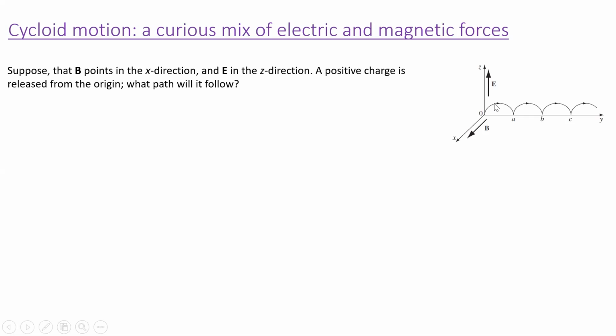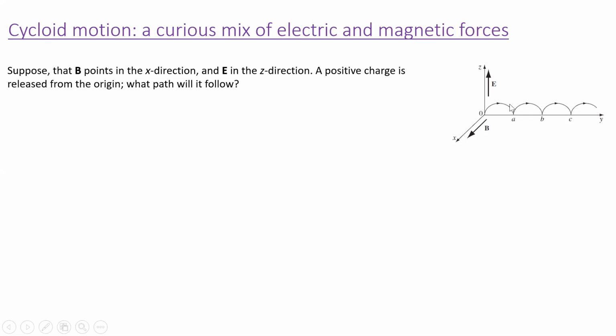Yeah, if it's a positive particle, it would encounter a force to the right, and it would start to curve in a circle. But notice that as it's curving, it's not quite a circle because we've got the electric field acting on it as well. So it's not a purely circular motion.